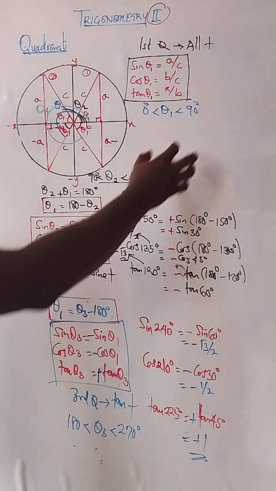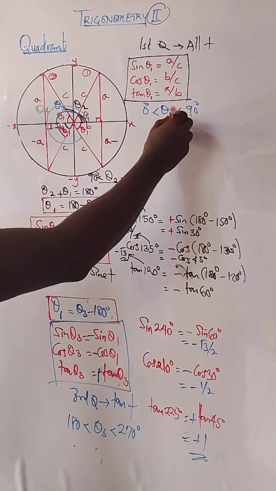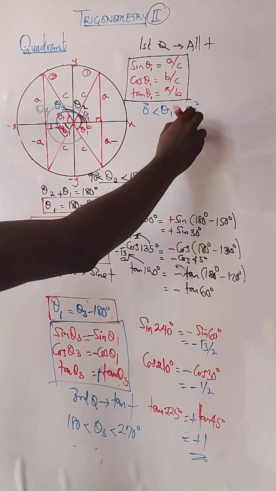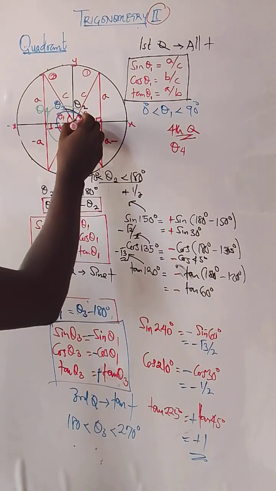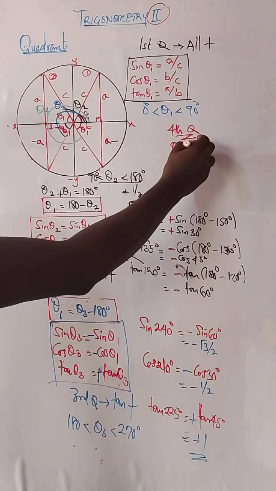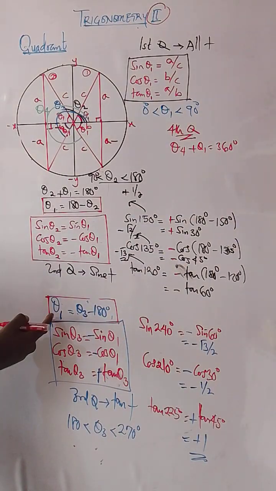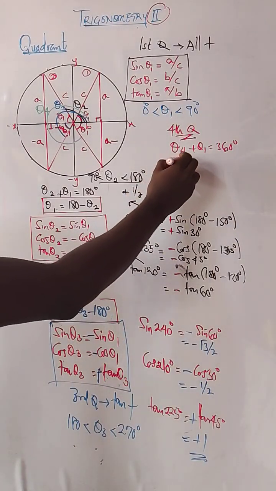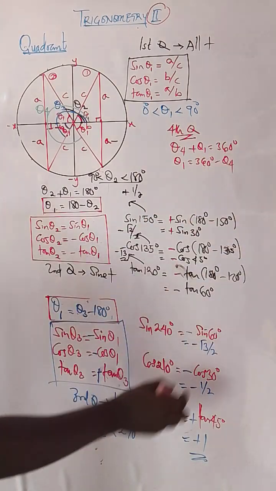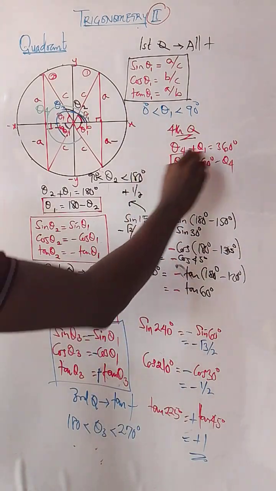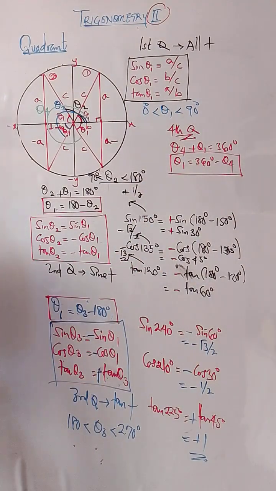So that was the fourth quadrant. Where should I write it down? Let me write it down here. So for the fourth quadrant, theta 4 plus theta 1 equals 360. Note our aim is to always get the answer in theta 1. So theta 1 equals 360 minus what? Theta 4. So any angle in the fourth quadrant can be expressed as an angle in the first quadrant by removing the angle from 360.